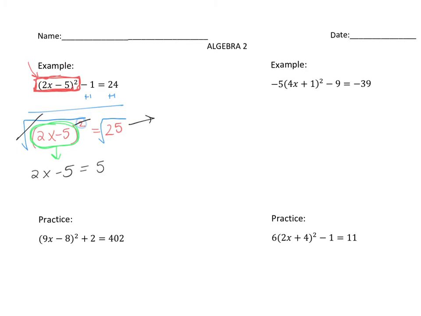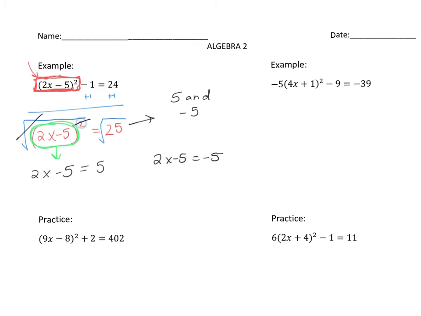But remember, when we take the square root of 25, it will equal 5 and -5. So I'm going to set one answer up to 5 and one answer up to -5.